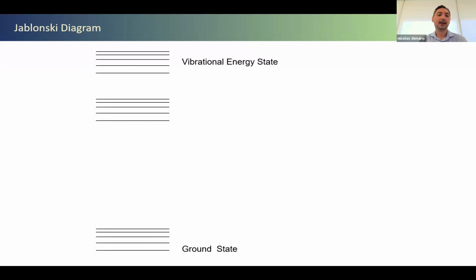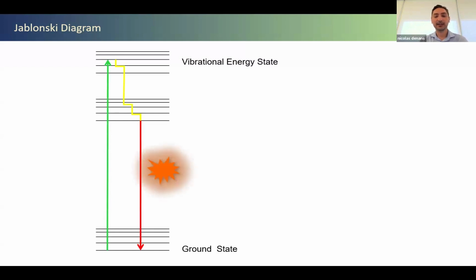Once light hits your fluorophore, it absorbs the energy of this light and kicks the electrons from the ground state to a high vibrational energy state. Then it relaxes to a lower state, and then very fast goes back to the ground state. And when it goes back to the ground state, that's where it emits photons. So that's what fluorescence is.